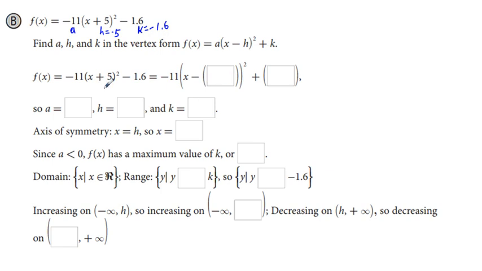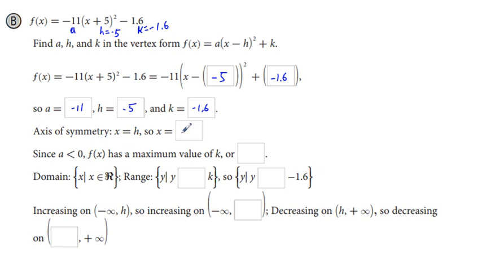So to get this x plus 5, we have to have x minus negative 5, and then plus negative 1.6. We'll just fill in the blanks. So a is equal to negative 11, h is equal to negative 5, and k is equal to negative 1.6.